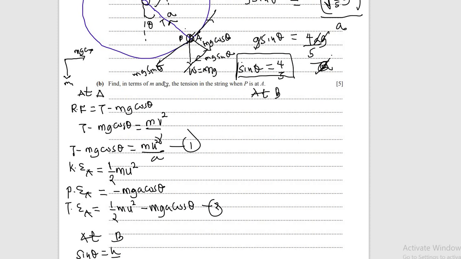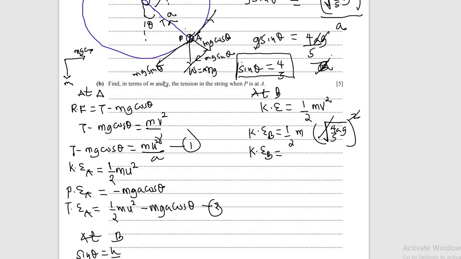We are still at B. The kinetic energy is half mv squared. And remember, the question said that the velocity at B is square root of 4 over 5 ag. The square cancels the square root. So kinetic energy at B is half m times 4 over 5 ag. I don't want to cancel yet.